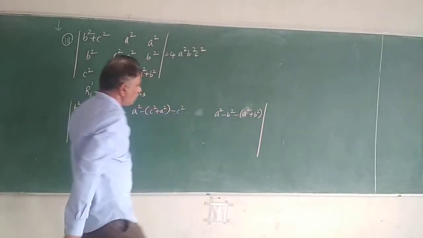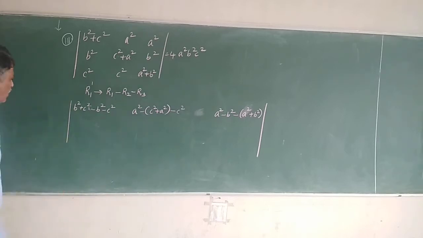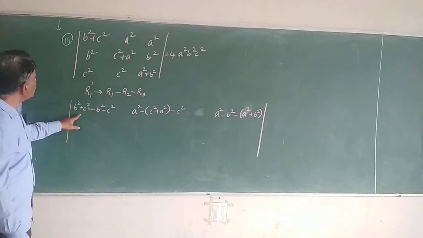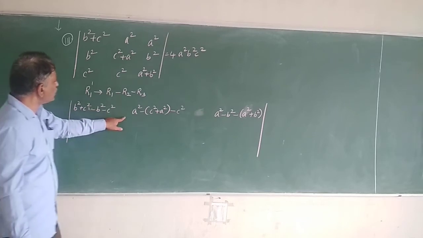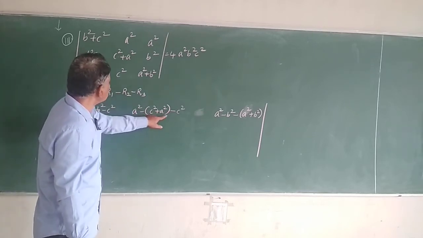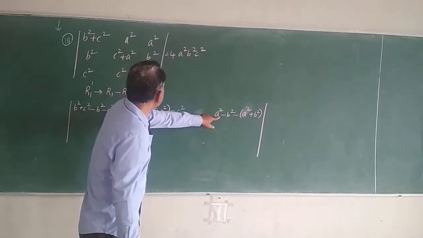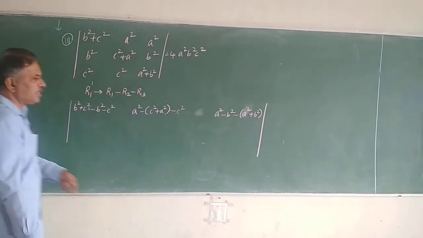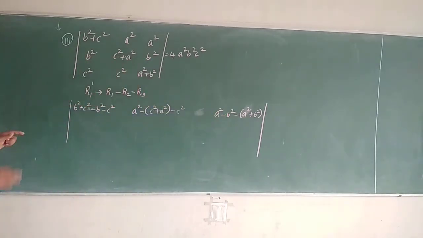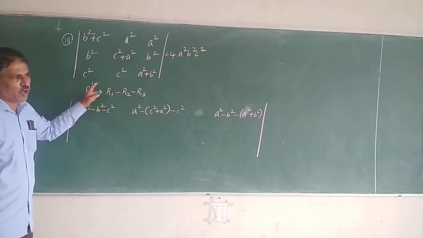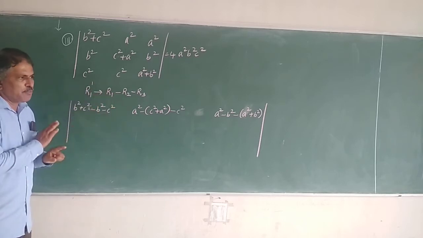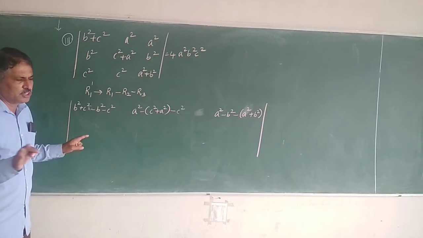Okay, right? Almost the board I took. Now, B square, C square minus B square minus C square. A square minus of C square plus A square minus C square. A square minus B square minus of A square plus B square. Similarly, I didn't mention anything about the second row as well as the third row. That means I am not changing the second row, I am not changing the third row.